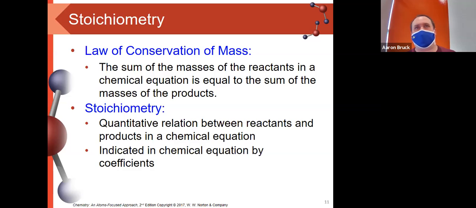You're already familiar with the law of conservation of mass and its close cousin, the law of conservation of matter. The law of conservation of mass says that mass can't be created or destroyed in any kind of process. Long story short, the total mass of my reactants going into the reaction has to equal the total mass of products coming out of the reaction.